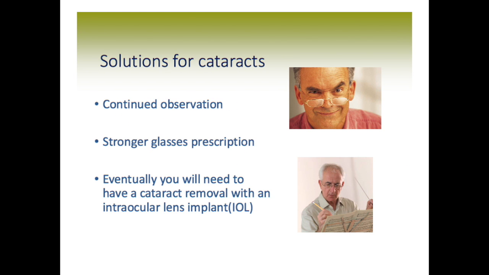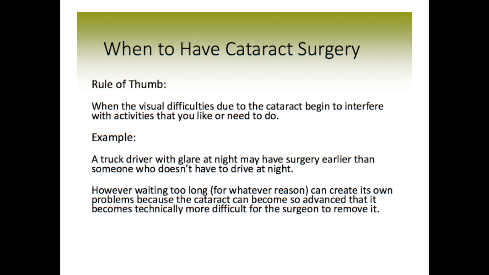So when you have a cataract, at first we just observe it, and with an early cataract we just do a regular eye exam once a year and check that. And sometimes we'll be changing the eyeglass prescription, and eventually cataract surgery will be needed to be done. The rule of thumb for when it's a reasonable time to have cataract surgery is when the visual difficulties due to the cataract begin to interfere with activities that you like or need to do.